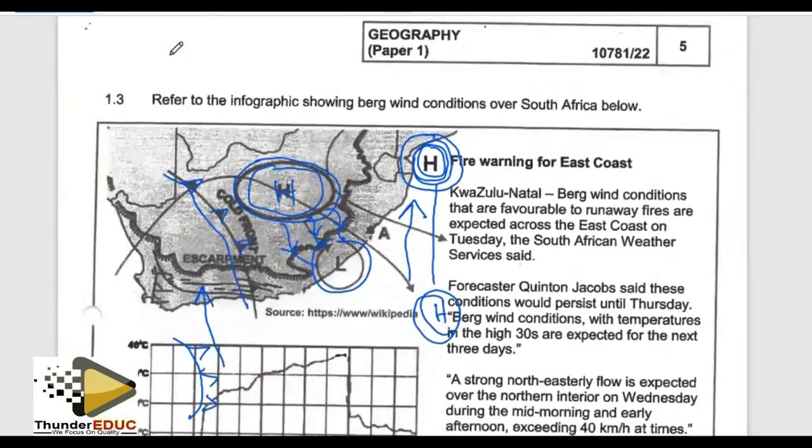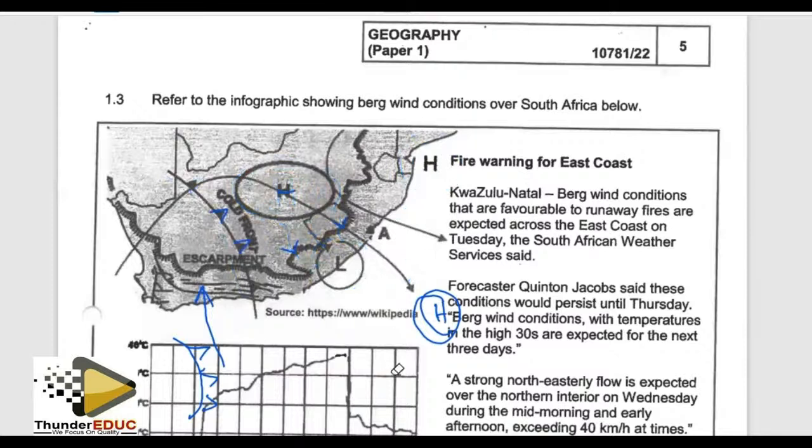All right, like we mentioned before, you can see the berg winds to develop mainly there must be a high pressure cell over the interior and a low pressure cell over the coast.